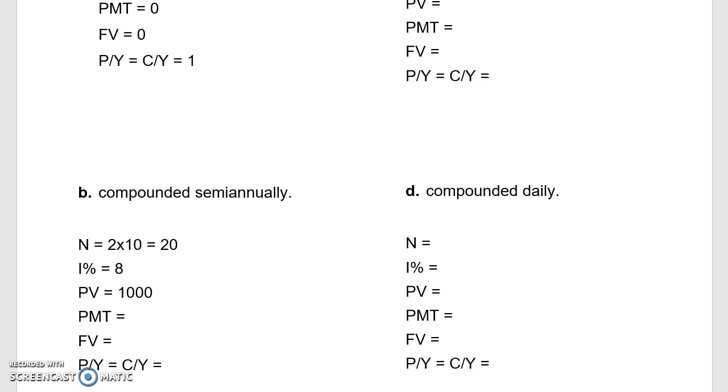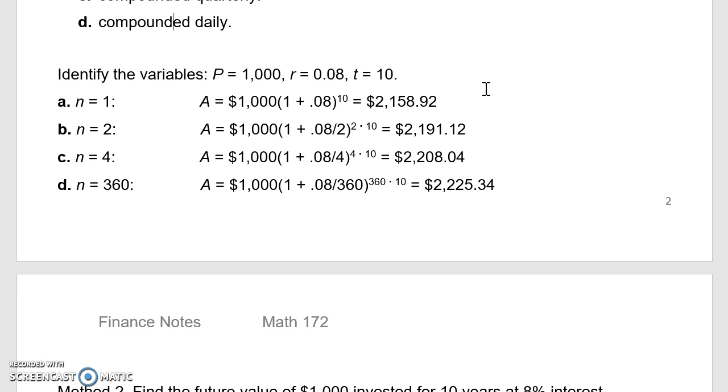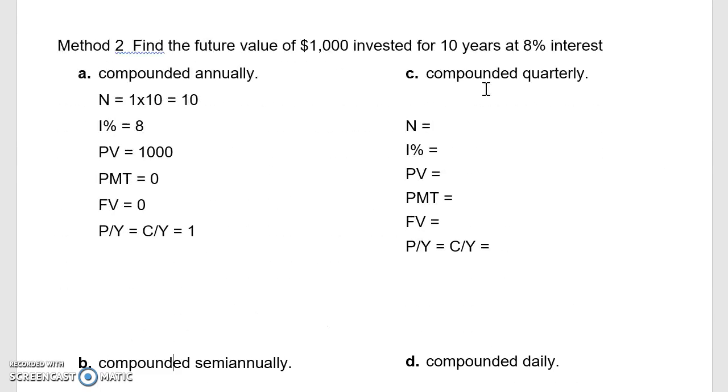You can watch me work out this process for the next several examples. And so as I move down the line, you can see that the only thing that's changing in these problems is N and the PY/CY, because compoundments are changing. So for quarterly, we have 4 times 10 years at the same 8% with the same $1,000 investment.